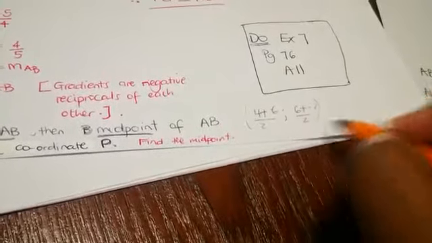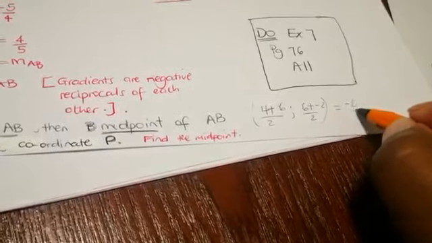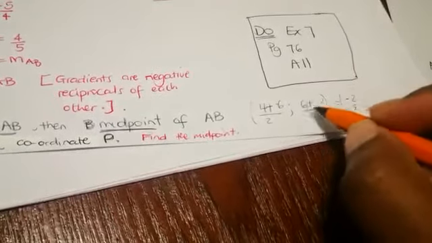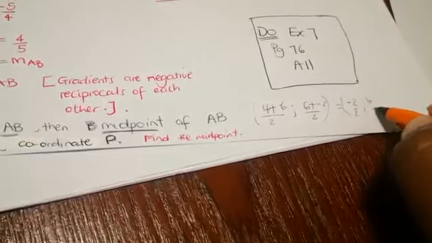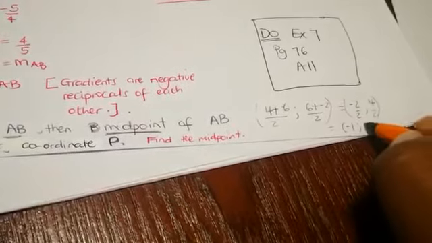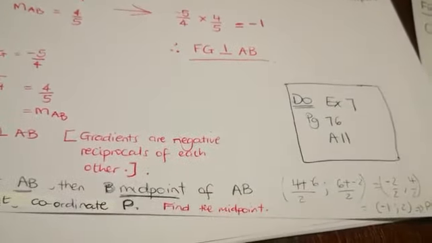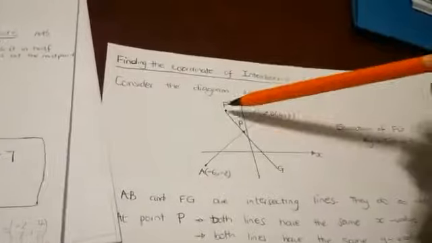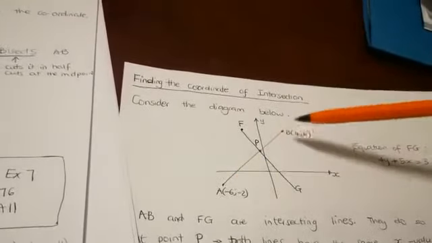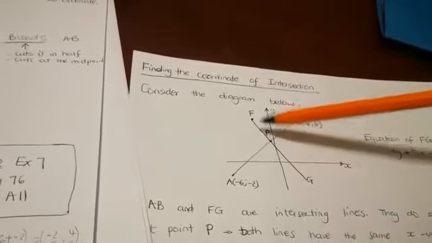So we are looking for the midpoint, and this gives us -2 over 2, and this gives us 4 over 2, which then simplifies to (-1, 2), which is the same as what? The coordinate P. So that is how you show that this line FG actually bisects this one, because the midpoint of AP is actually the point P where FG goes through.